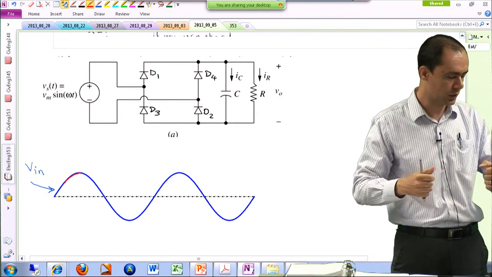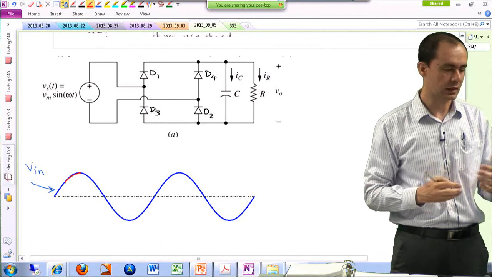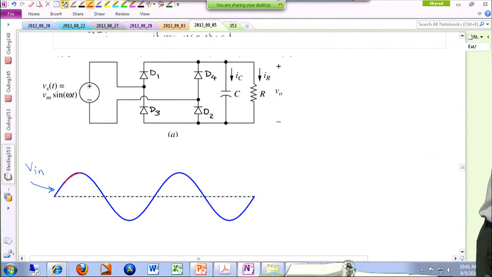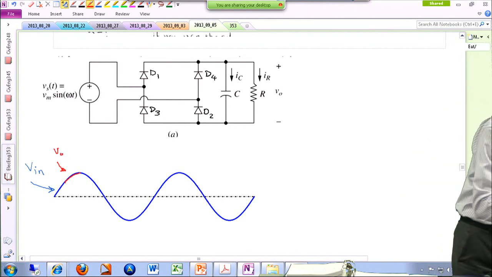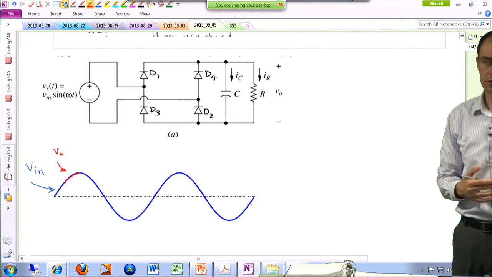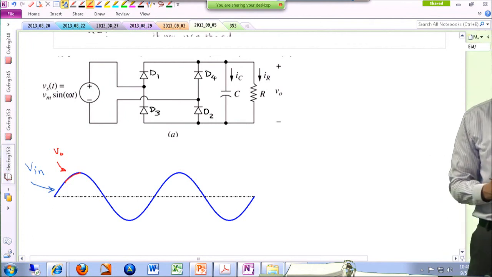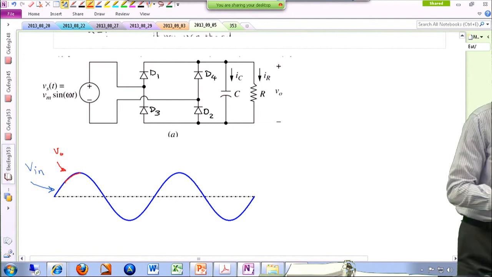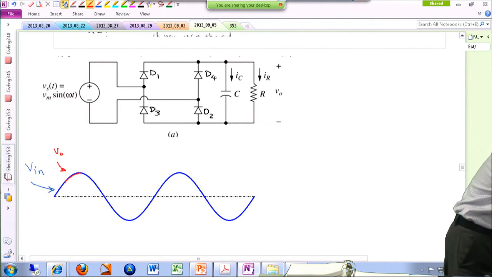So basically, they clamp the input and output voltages to each other. So I'm trying to plot V out. Then after that, the current of these 2 diodes, D1 and D2, tends to get negative. The diode cannot support that, so the diodes turn off. So here we have D1 and D2 on.